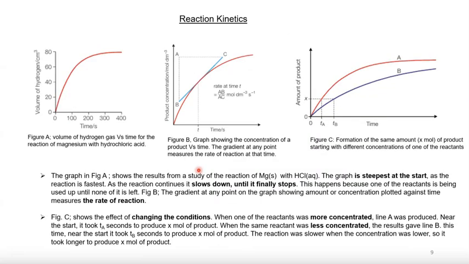Well, this slide shows us different curves. One has the volume of hydrogen gas on the y-axis and time on the x-axis. From here, we can find out the reaction rate. Another is the concentration of the product against time. From the tangent to this curve, we can also find out the reaction rate.